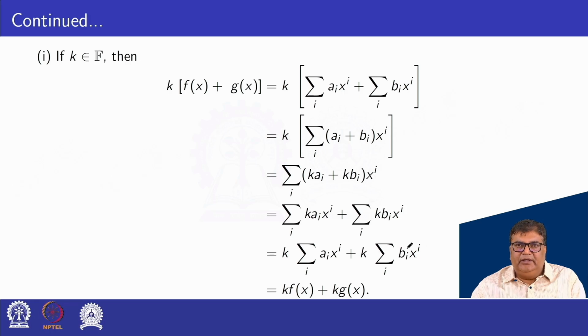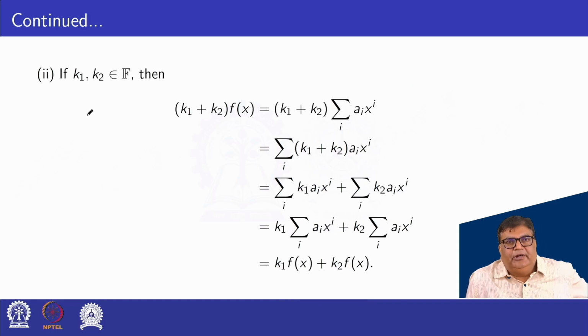Hence this can be written as k f(x) plus k g(x). That is, k(f(x) + g(x)) equals k f(x) + k g(x).